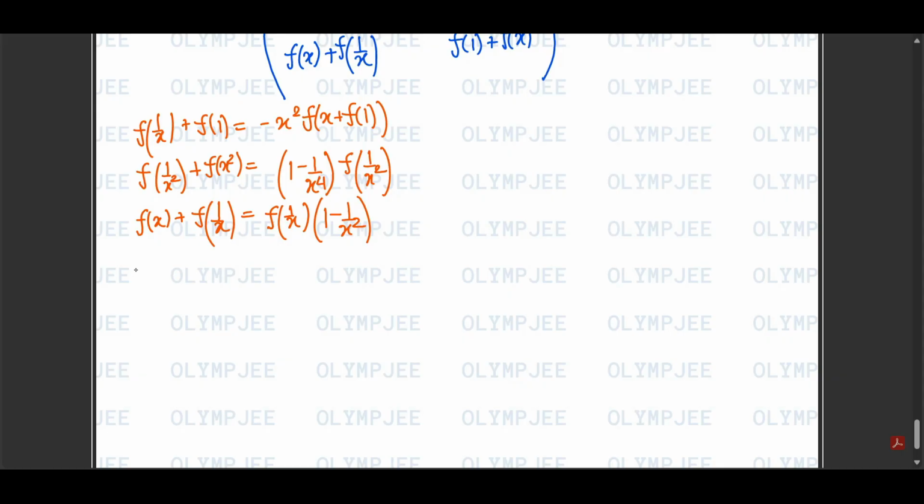Then the last equation will be f of 1 plus f of x is equal to minus 1 by x square, f of 1 plus f of 1 by x.